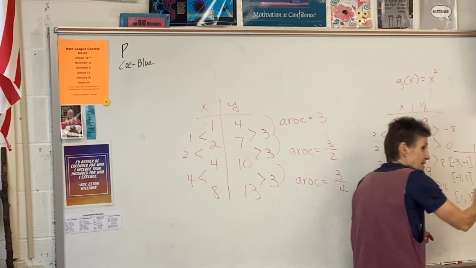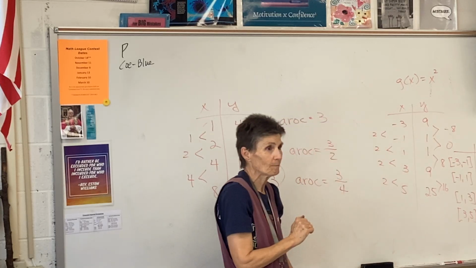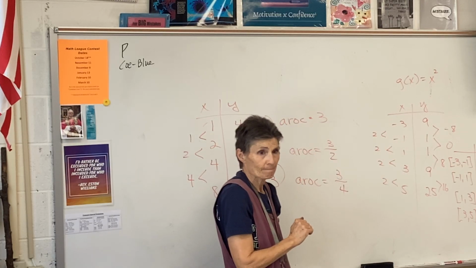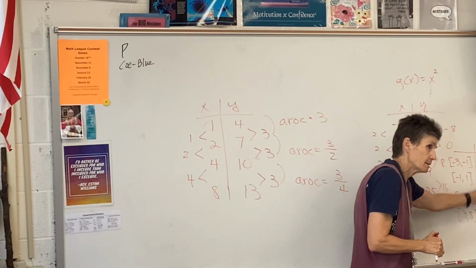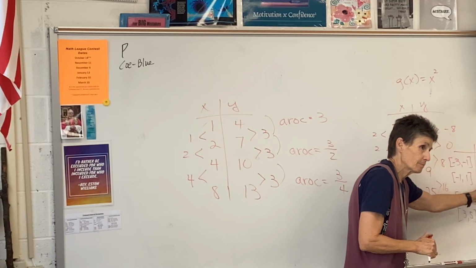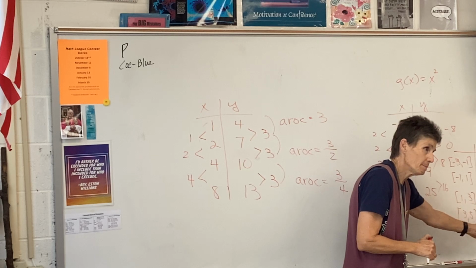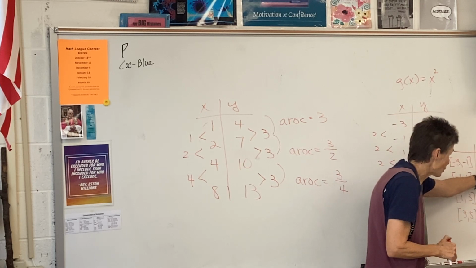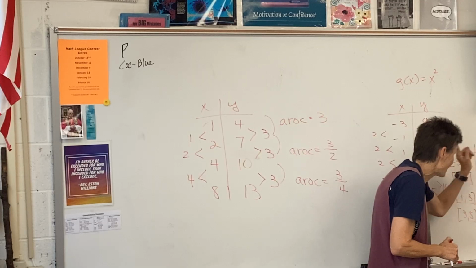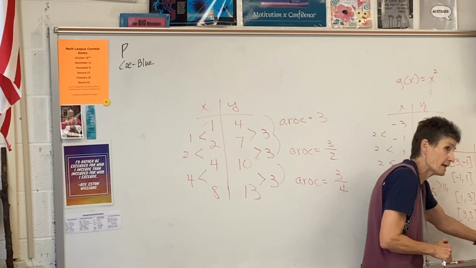So it was easy to fill in my average rates of change. Does anybody have a question about any of these numbers over here? You got them? So the average rates of change are negative 4, 0, 4, and 8.